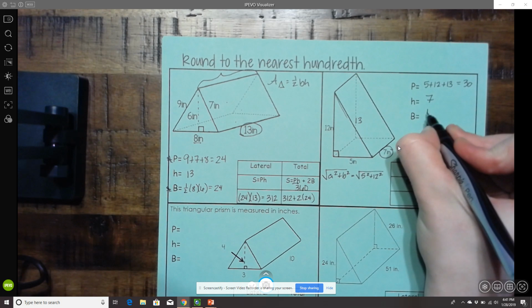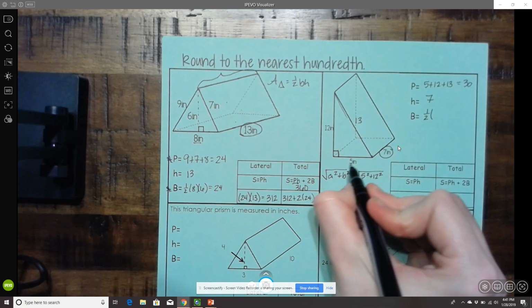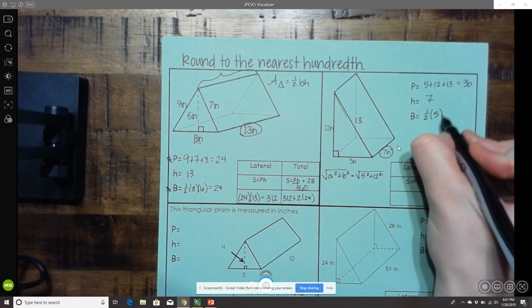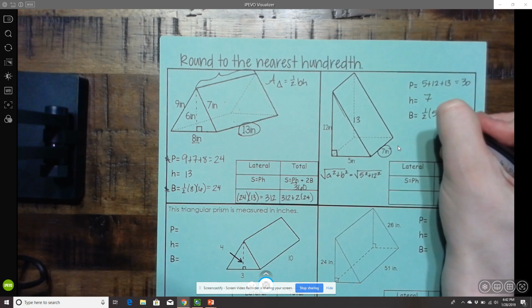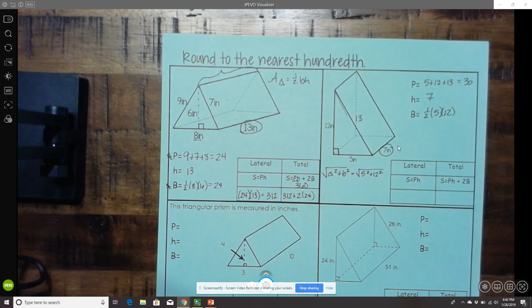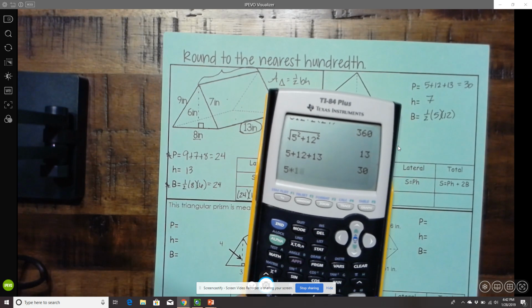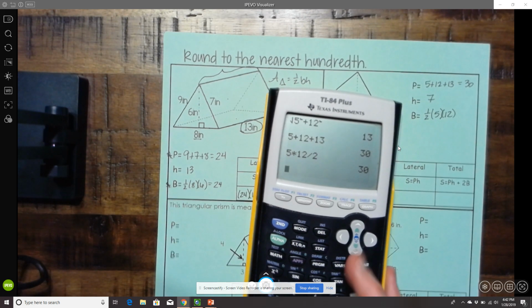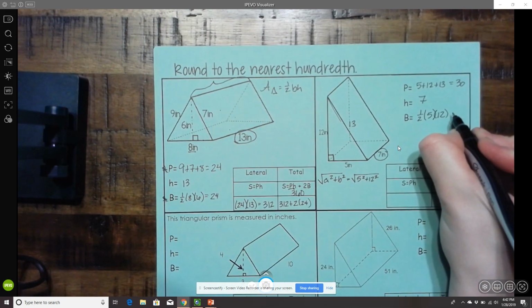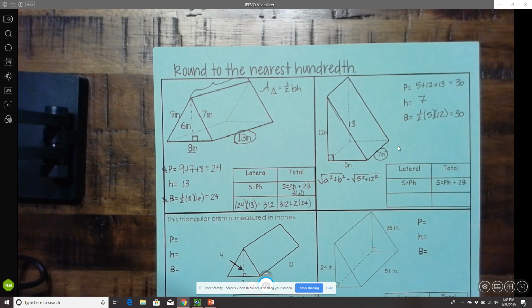And then area of the base would be 1/2. This is going to be the base of my triangle, the 5, and then the 12 would be the height of my triangle. So 5 times 12 divided by 2 would give me a base area of 30 as well.